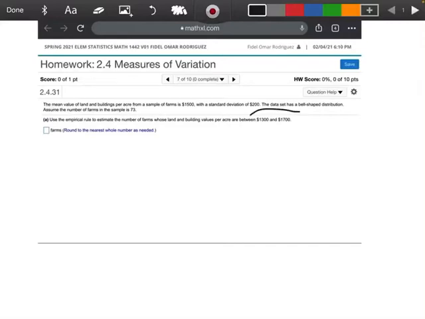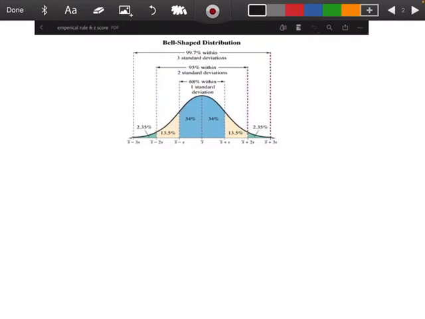Okay, so first thing I'm going to do here, we know that our mean is 1,500, and we know that our standard deviation is 200. It's telling me that the data set has a bell-shaped distribution. So I'm going to pull up the bell-shaped distribution with the standard deviation so we can get an idea of what's going on here, okay? So remember, the X bar is my mean, right?